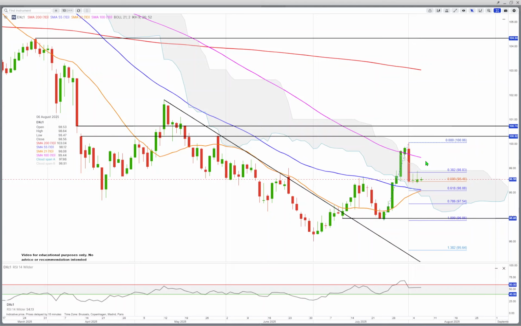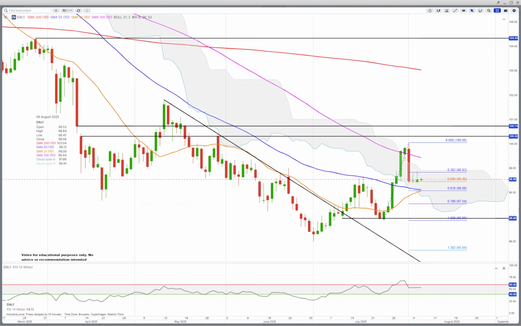So if you see the dollar index moving back above the cloud and back above 99, then we could see a push higher, and that's what the RSI is telling us, that there is a possibility to push up to this region here around 100.32, 100.74, maybe even higher. If it gets up there, then we are looking at levels up around 101 and higher, 101.80.